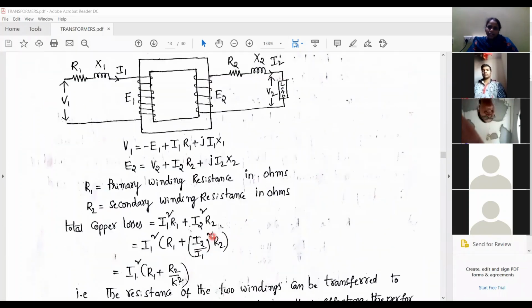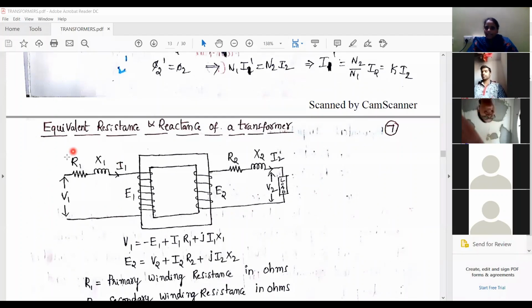Now we have primary parameters. The primary side parameters are R1 and X1, and the secondary side parameters are R2 and X2. We can transfer all these primary parameters to the secondary side, or we can transfer the secondary parameters to the primary side. Is it clear?